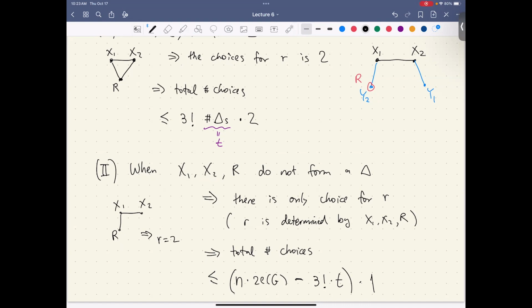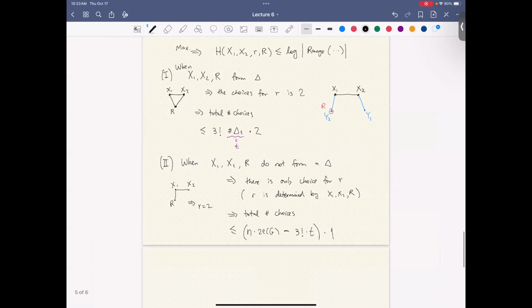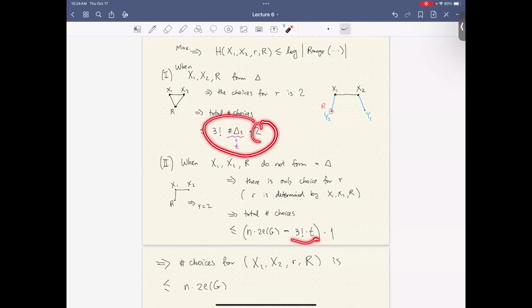Put these two together, we have the range. This implies the total number of choices for x1, x2, little r, capital R is at most, if you sum these two up, n times 2e of g minus 3 factorial times number of triangles, but plus 2 of that.